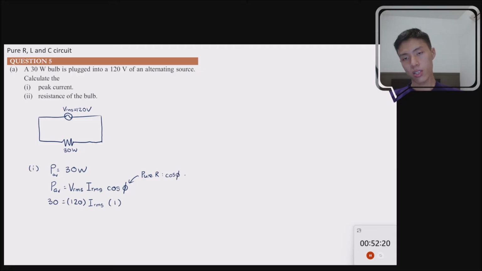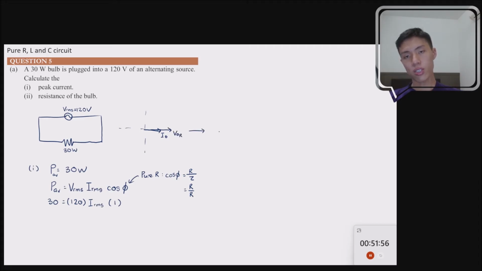Cos phi is equal to R over Z. But in our case, since there's only resistors in this circuit, our impedance will be equal to the resistance immediately. Z will be equal to R, because if you look at a phasor diagram, your phasor diagram only has pure R, right? So there's only V0R only.